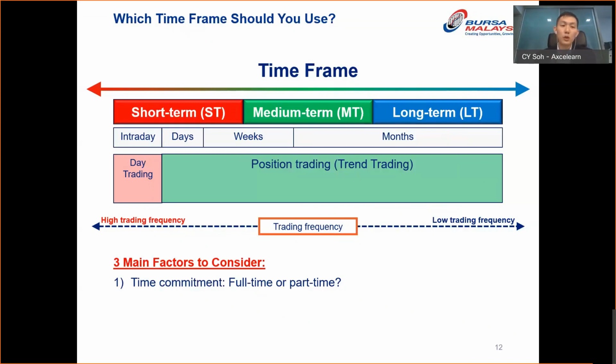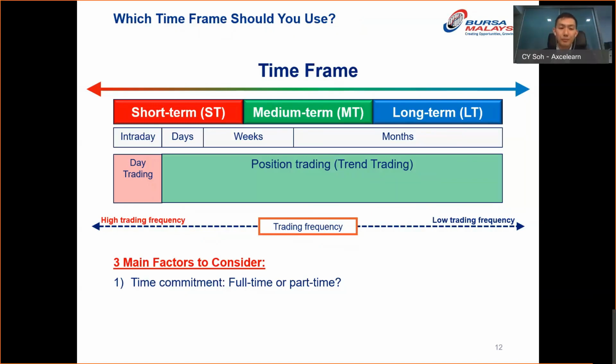So for example, if you were to trade the shorter time frame, which has a very high trading frequency, you need a lot of focus, a lot of attention and energy to monitor the market. Whereas if you are using a medium-term to long-term trading approach, you don't need to pay too much attention to the market throughout the whole day, because you have your own full-time job.